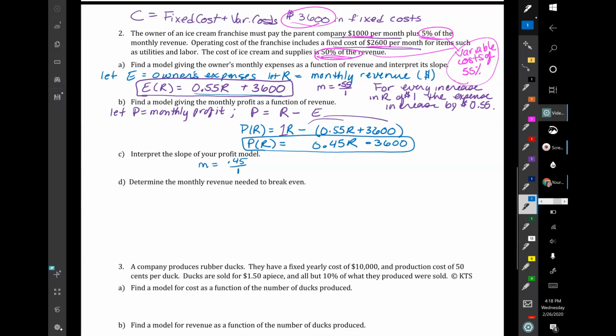Okay, so I'll jot that down for you. So there we have, for every additional dollar in revenue, profit increases by 45 cents. This 45% of a dollar is 45 cents.